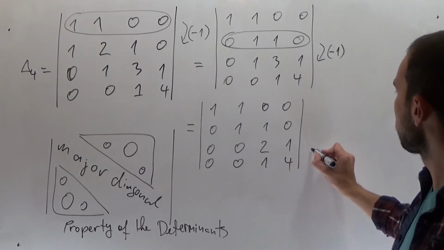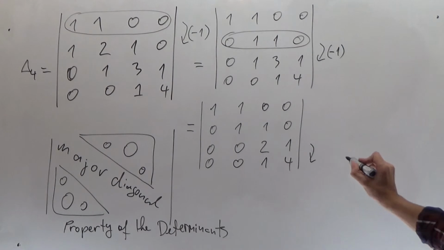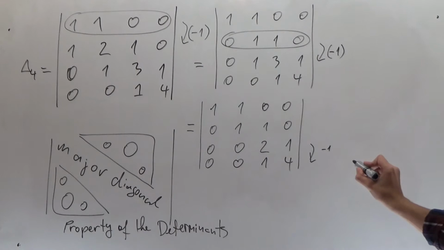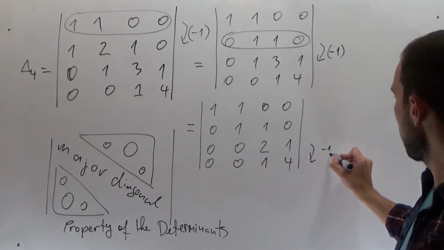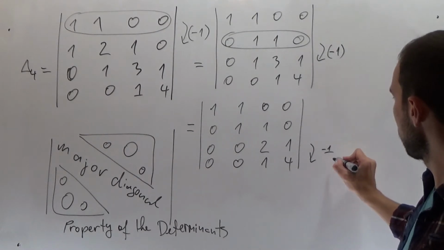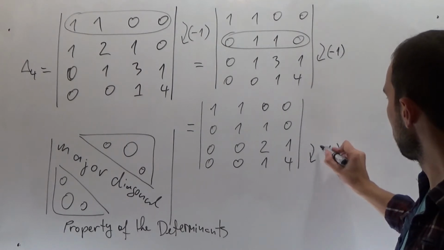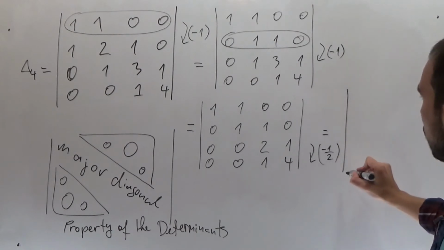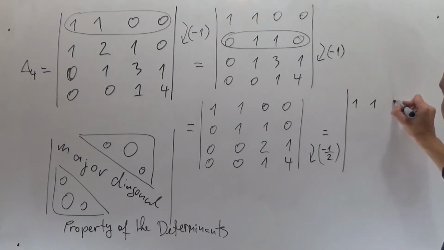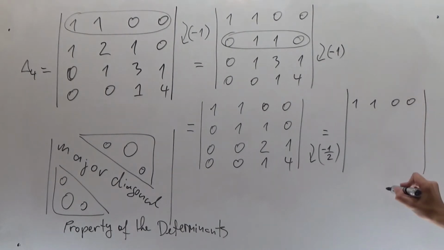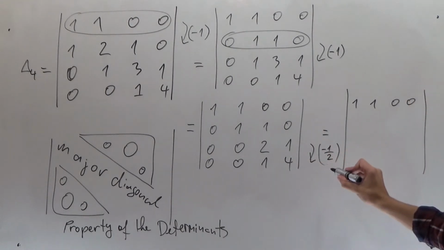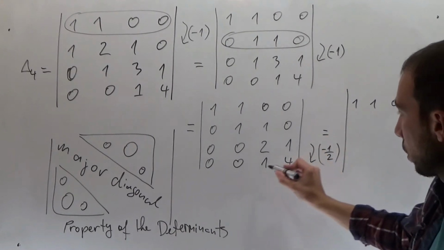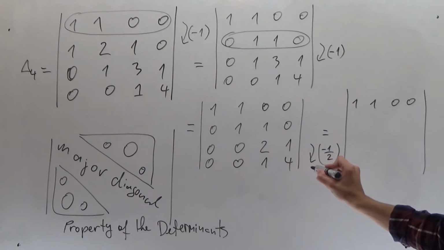Now I will multiply third row by minus 1 over 2. And of course I will add the result of that to the fourth row.